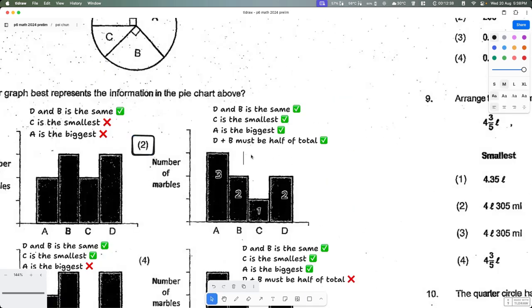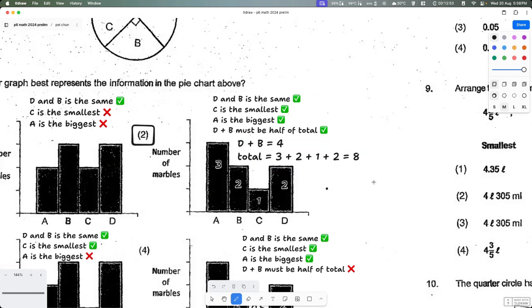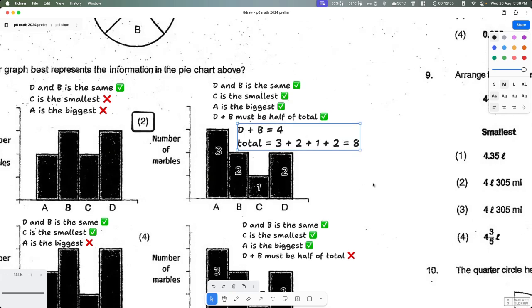Right? So D plus B is equal to 4. Total is 3 plus 2 plus 1 plus 2 is equal to 8. Right? So, yeah. Okay, this is correct.